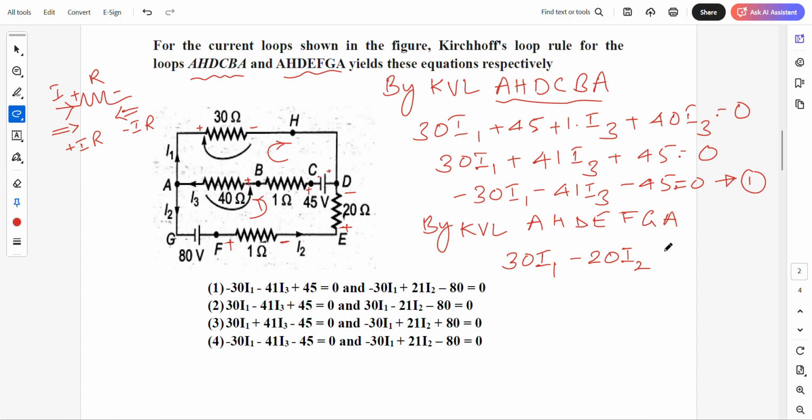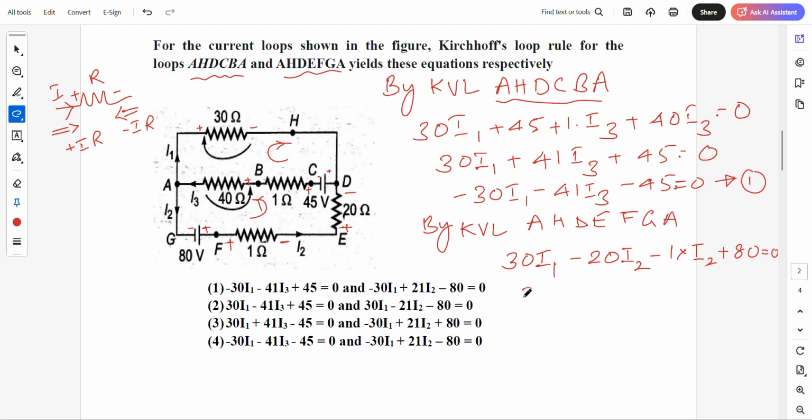Minus of 1 into I2. If I move further, F to G, plus 80, and then between G to A nothing is there, that is equal to 0.